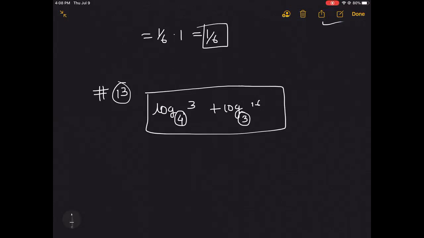Combine them. Okay, someone said combine them. If you want to combine them, what should you do? You can combine that by multiplying these two, right?